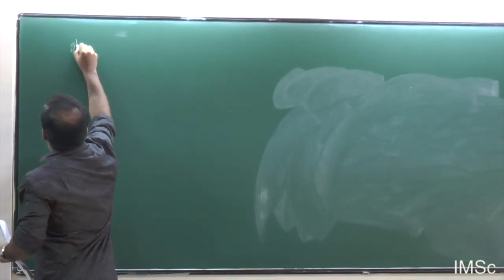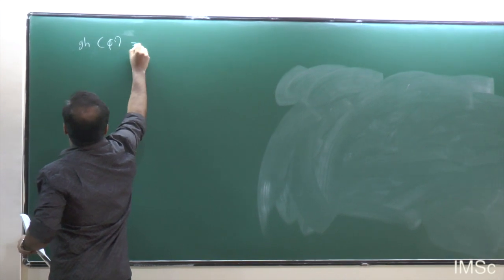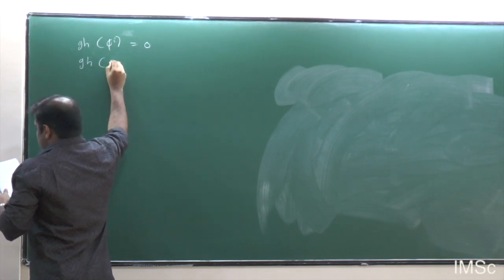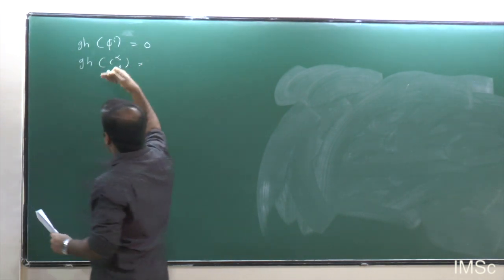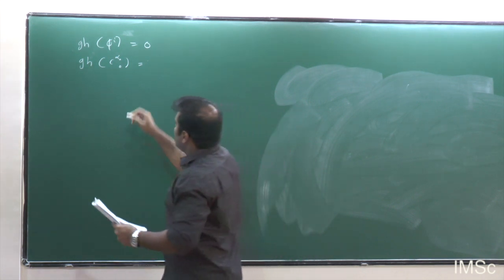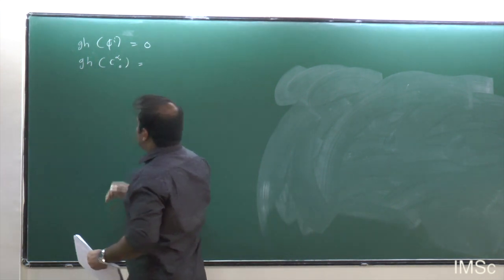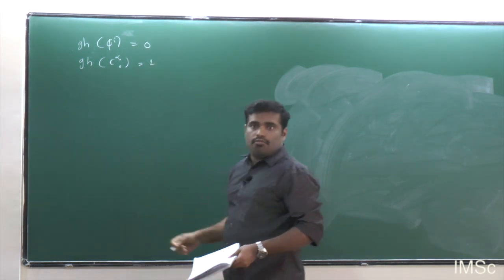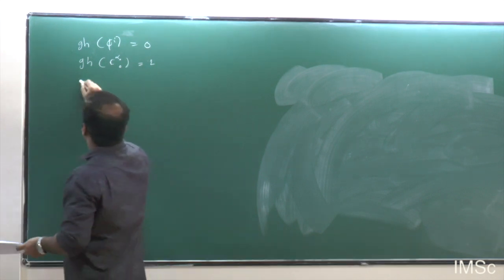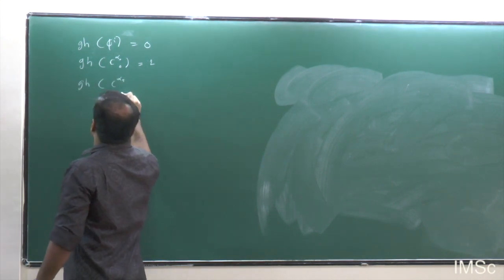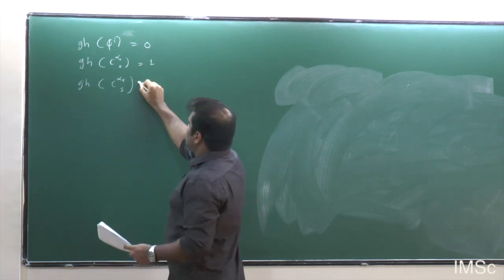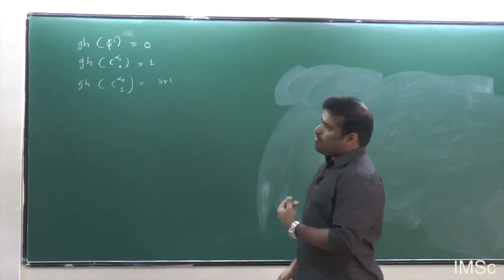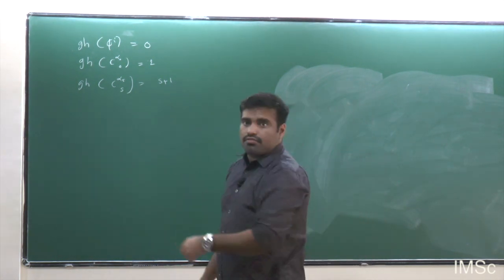The ghost number for field phi^i is 0, and the ghost number for C^{alpha_0}_0, corresponding to the gauge invariance at the first level, is 1, like you see in Faddeev-Popov. Then you can continue, and an s stage ghost has ghost number s plus 1. This is the way one should assign ghost number to all the fields.